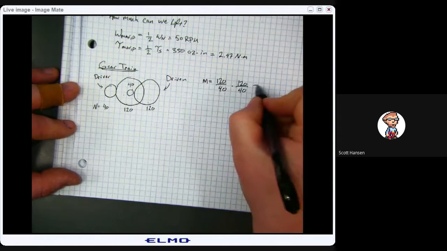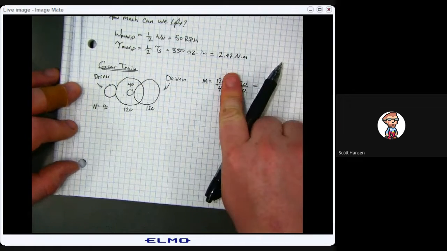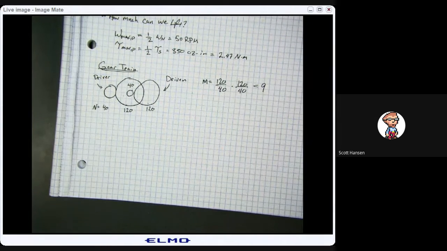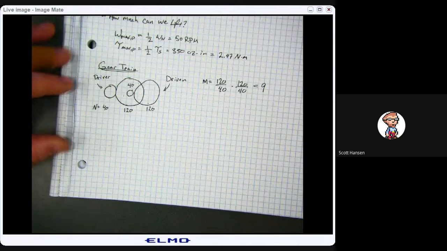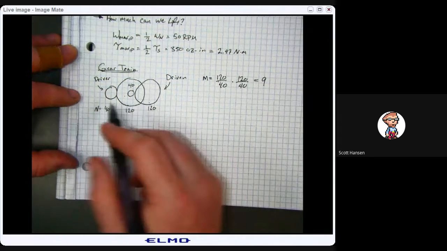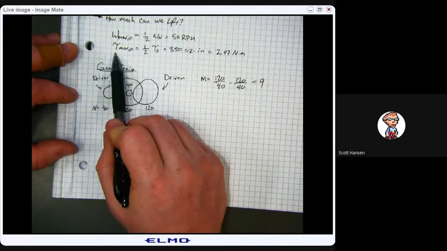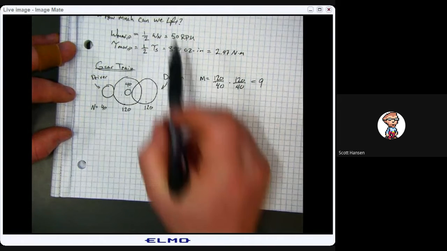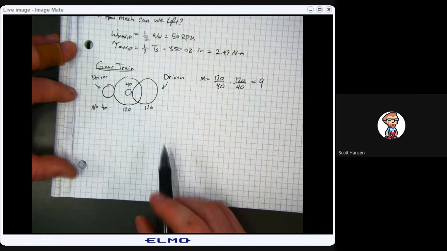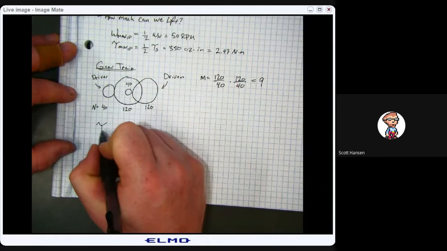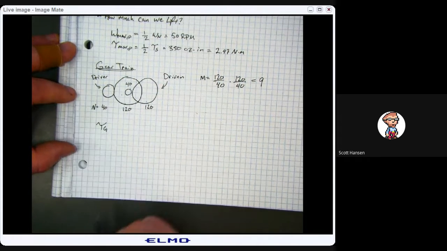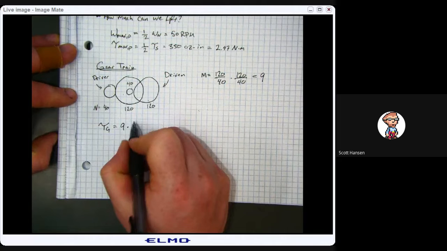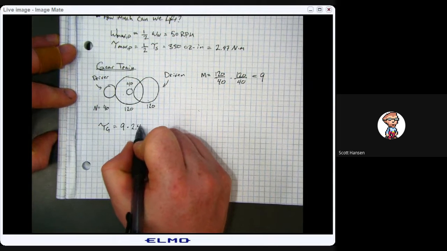I don't want to multiply that out, but I know 4 goes into 12 three times, so that's 3 times 3, which is 9. I've got a force multiplier of 9. If the maximum torque I'm applying to the input gear is 2.47 Newton meters, my output gear, since it's a bigger gear, is going to have more torque. Let's say my torque at G, for gear, is equal to 9 times 2.47.